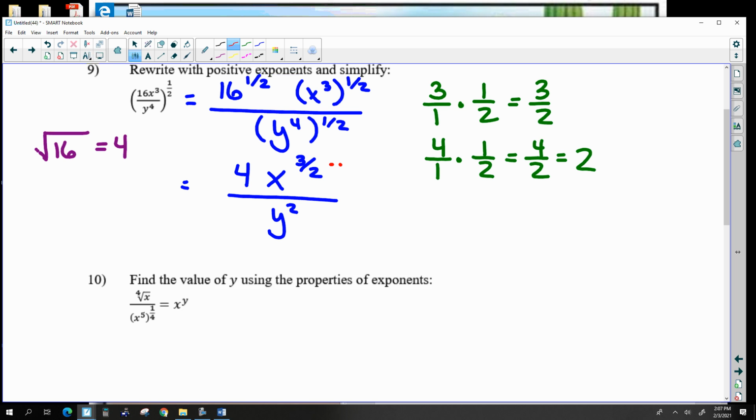Or I could see that this is the same thing as saying 1 and 1/2. So that's 1 x out, 1 x in. So the other potential answer would be 4, 1 x out, 1 x in, of the square root, and then y squared on bottom. That could also be a potential answer.